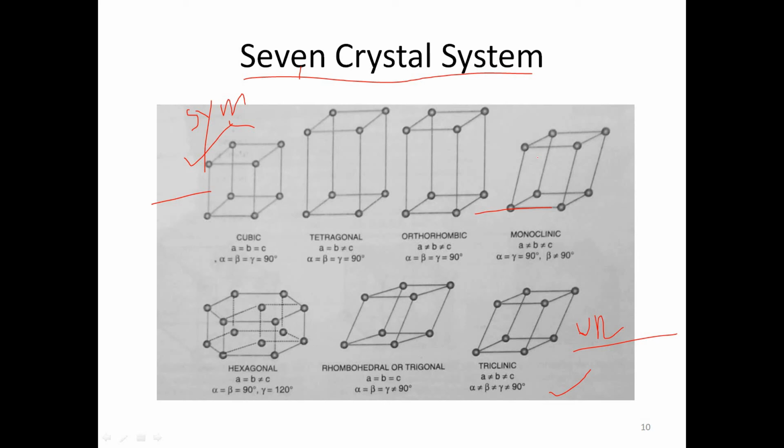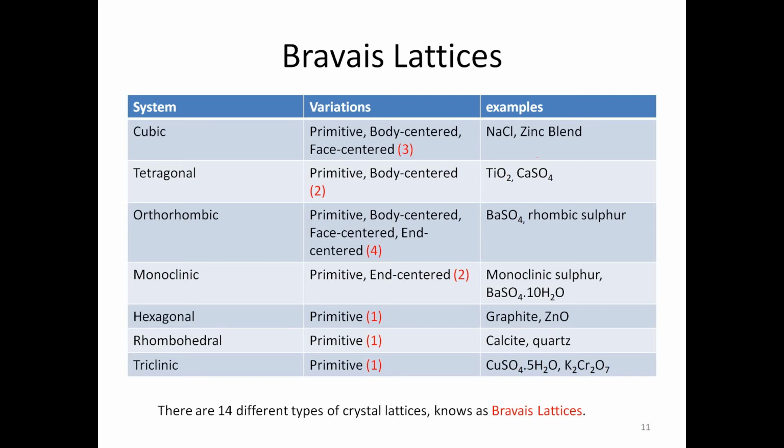If we consider the possibility of body-centered, face-centered and end-centered unit cells in these 7 crystal systems, then in total we get 14 possible crystal structures. These are called Bravais lattices.